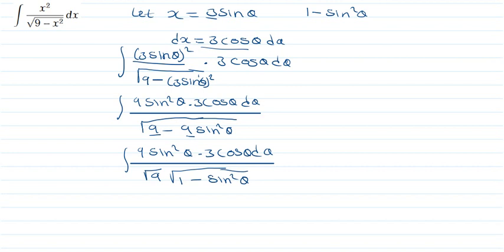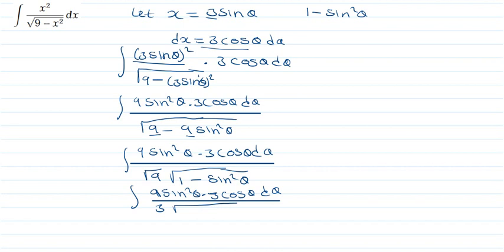Then simplifying this, I'm going to have the integral of 9 sine squared theta multiplied by 3 cos theta d theta, then everything over, I'm going to divide by the root of 9, which is 3, then the square root of 1 minus sine squared theta.